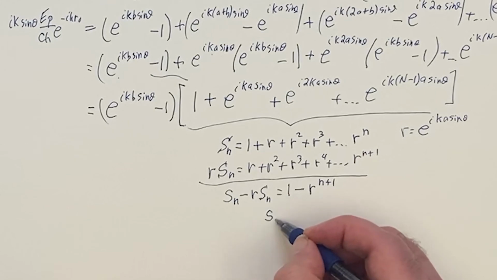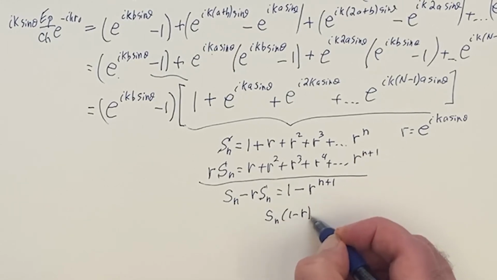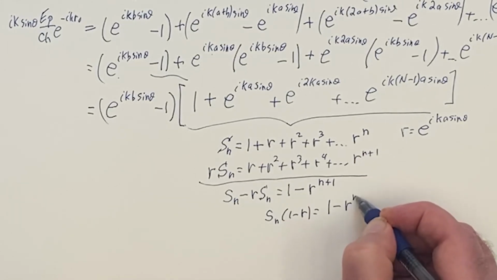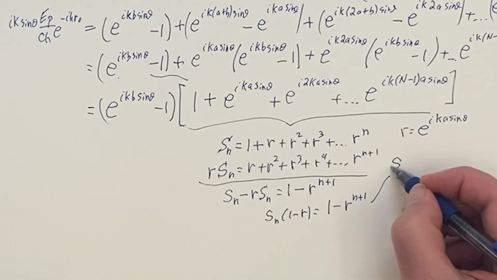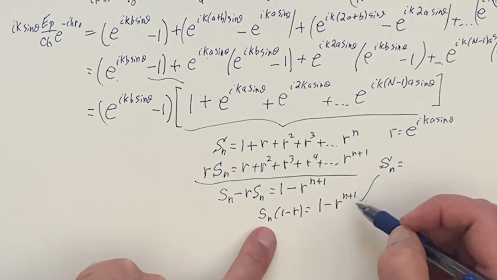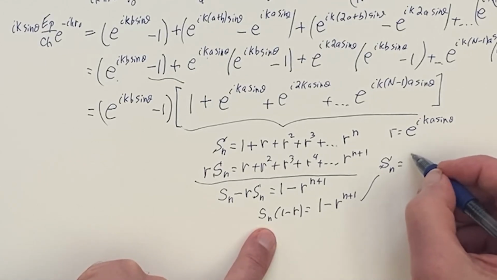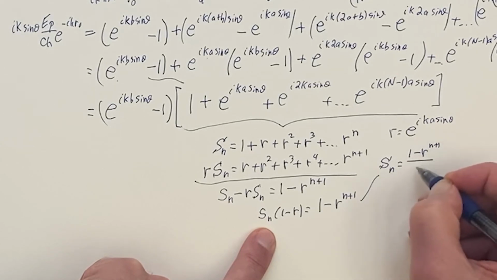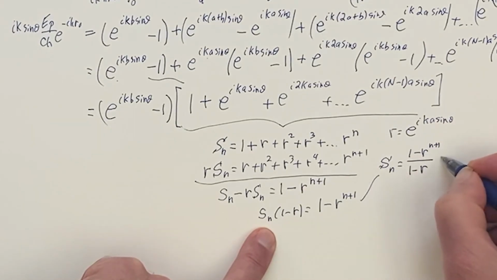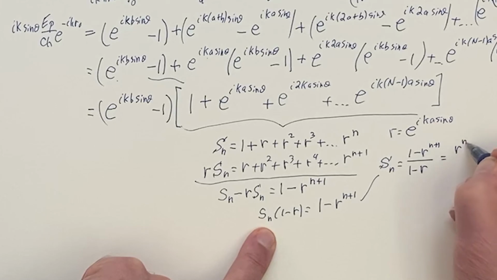So that means Sn times (1 minus r) is 1 minus r to the n plus 1. And that means Sn, we can write this 2 ways: (1 minus r to the n plus 1) over (1 minus r), or we can multiply top and bottom by negative 1 and just flip these.